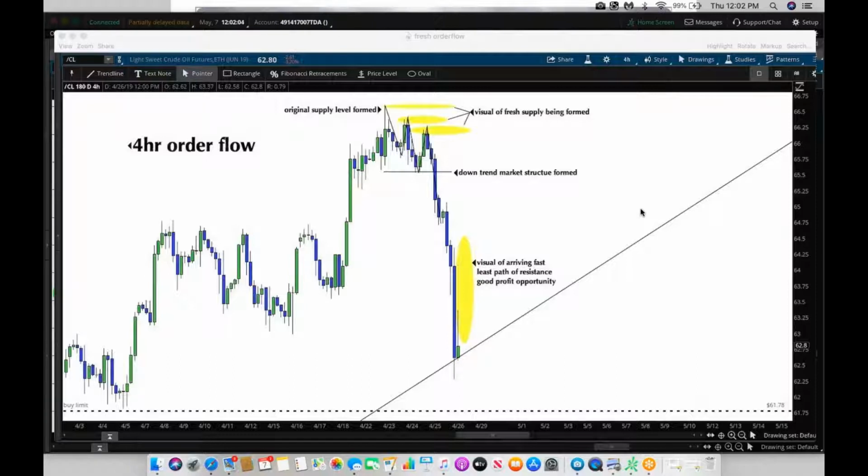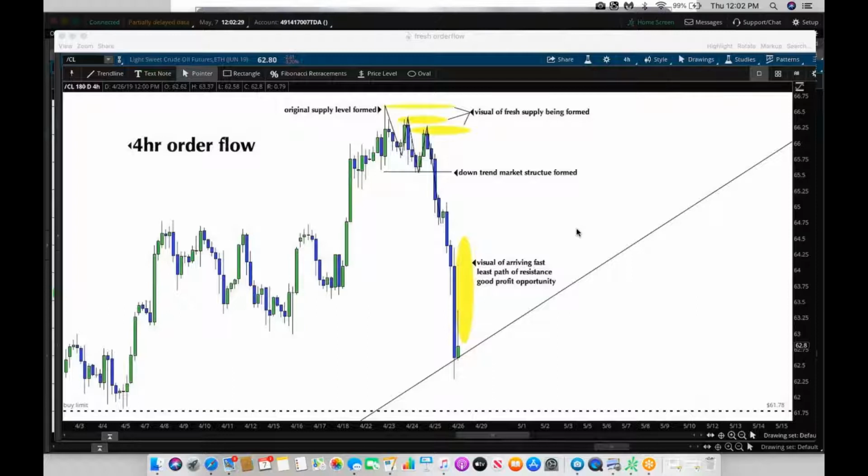So if we already identified our supply and demand areas, and now we're waiting on opposing order flow to be broken, we're waiting on fresh order flow to form. We're waiting on downtrend market structure to form, and that's if we're sitting at a supply. So if it's supply, we're waiting on downtrend market structure, and for the break of opposing order flow.